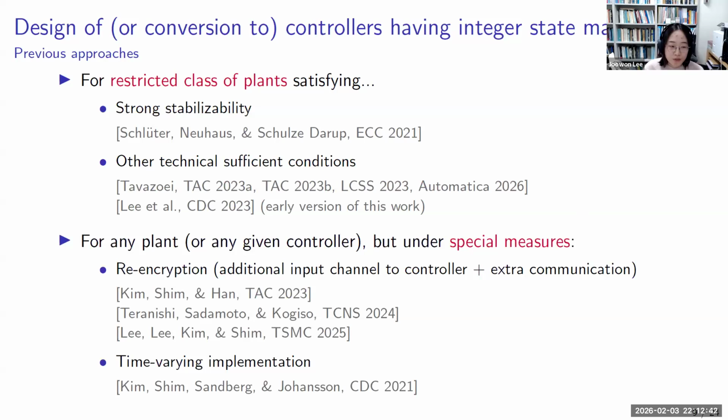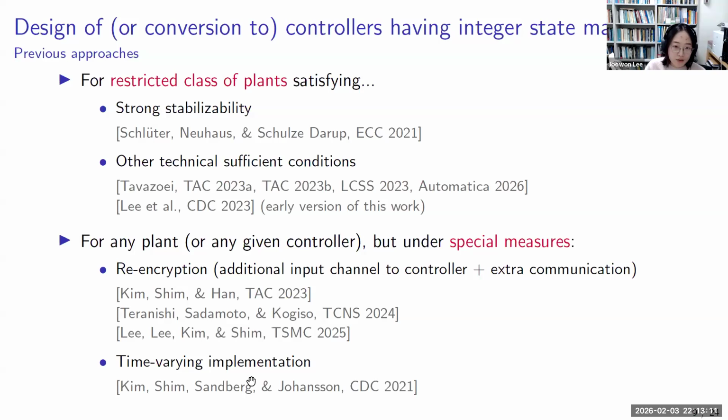There are still methods that work for any plant or any given controller, but they use some special measures to do so. For example, there's a technique called re-encryption. But it requires an additional input channel to the controller and some extra communication link between the plant and the controller.